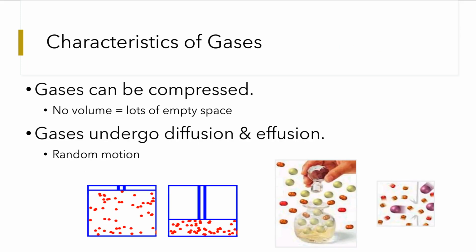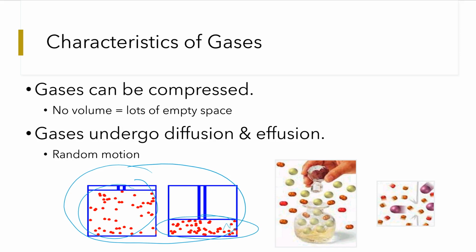Last but not least, y'all, gases can be compressed. Again, due to the assumption that it has no volume, just a lot of empty space. We can close that empty space as seen in this picture here. This is before closing that empty space. You guys can see a lot of space, but once the piston moves down, notice that the number of gas molecules didn't change there, but the space that these gas molecules occupy did.